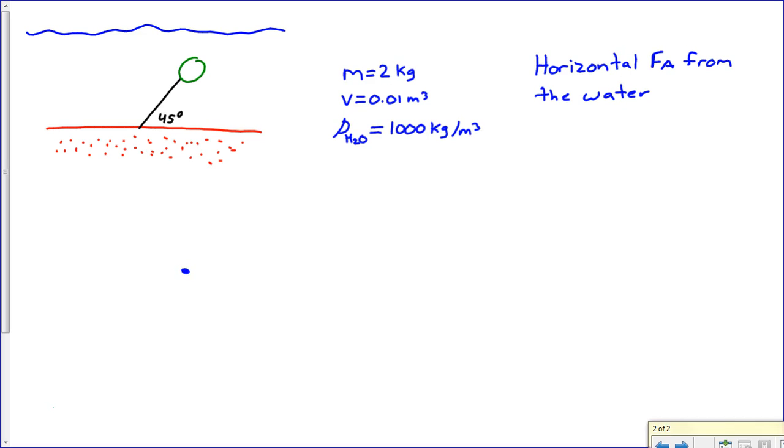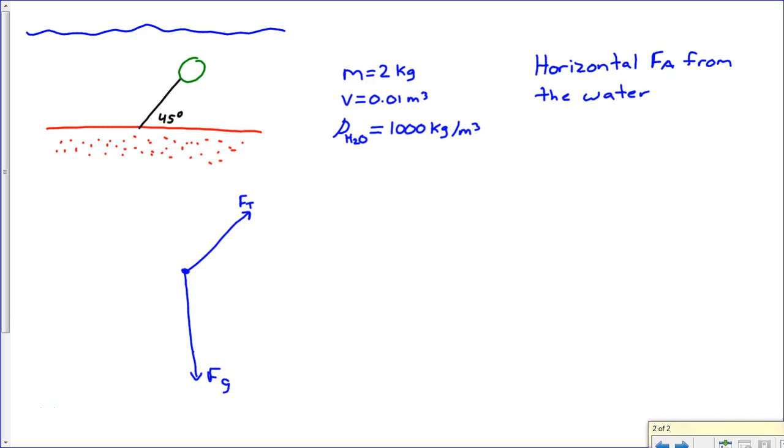The forces acting on this one here, we've got gravity that's going downward. That is Fg. All right, then we have that tension force, which I'll call Ft.